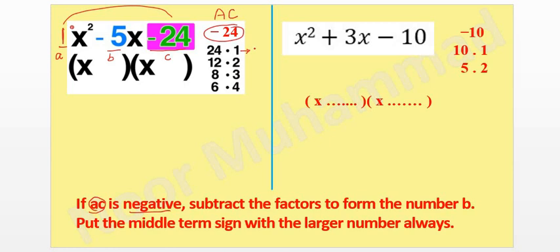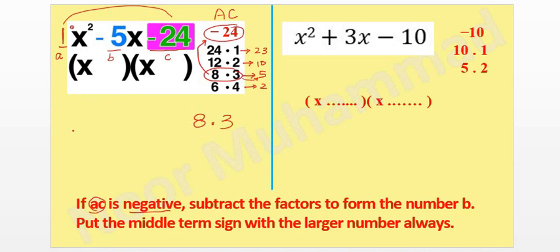If I subtract this one, I will get 23. If I subtract this one, I will get 10. If I subtract this one, I will get 5. And this one will give me 2. Now, clearly you can see that this pair, its product is 24, and when I subtract it, I get 5. So this shows that this is the pair that I'm looking for.